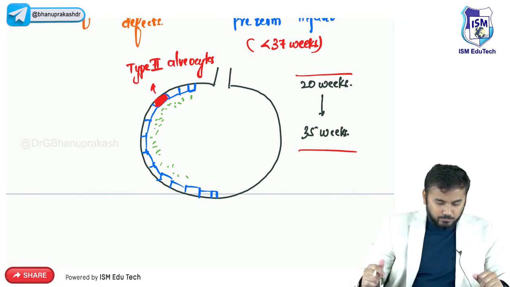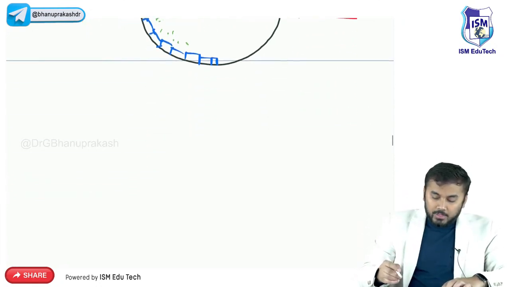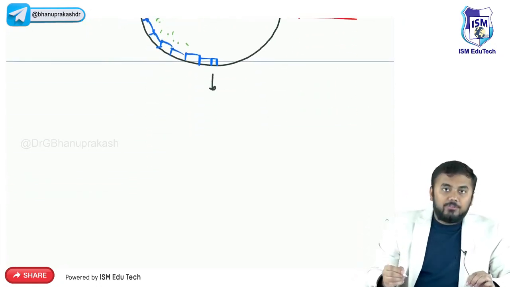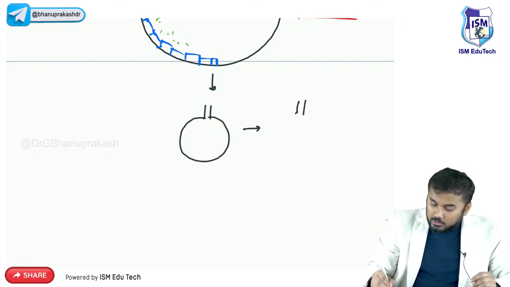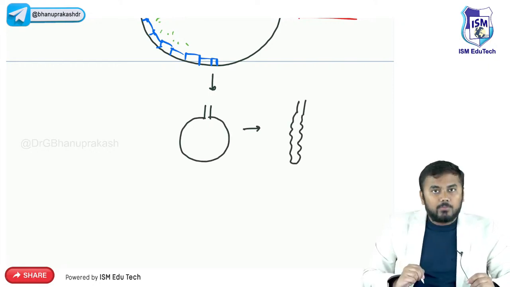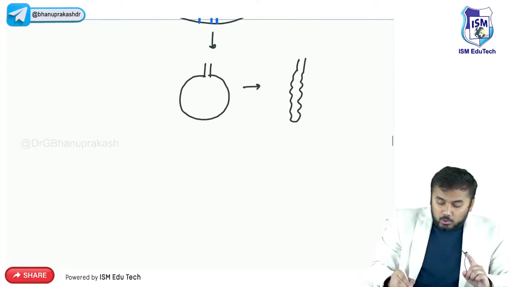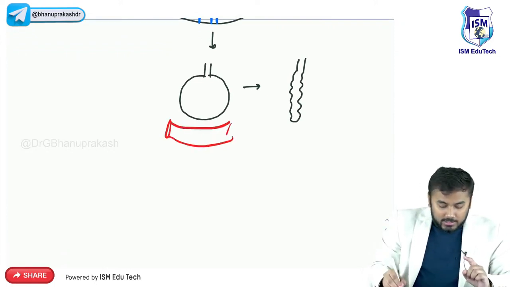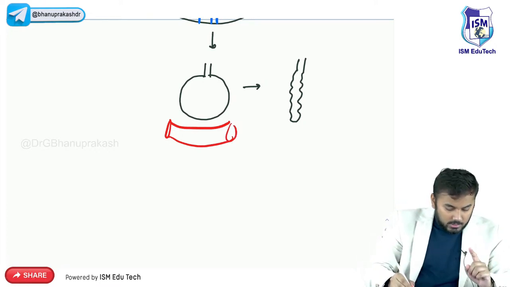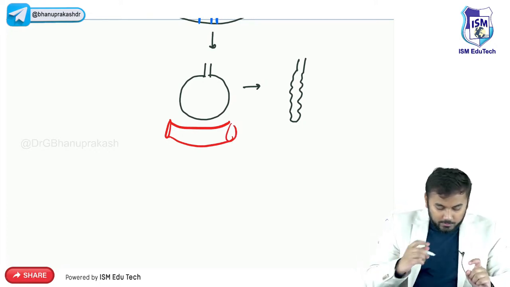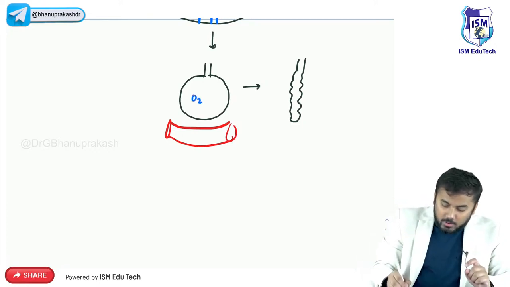So, if surfactant is not there, this is how the alveoli will go. Look, this is the normal alveoli. Now, if the surfactant is not there, the alveoli are collapsed. All of you know, through the normal alveoli there is oxygen and carbon dioxide diffusion. What I'm telling is, oxygen will diffuse in here, and at the same time carbon dioxide will diffuse out.